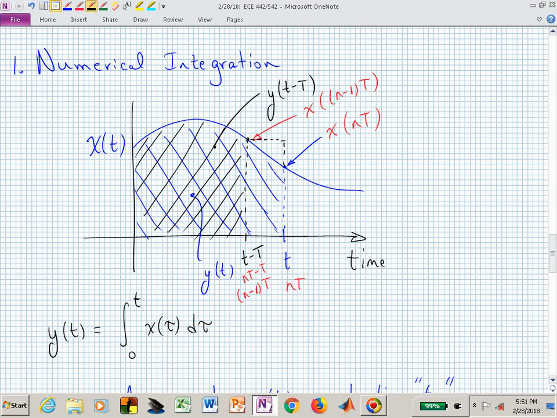This distance is one sample period in width. That rectangular area is then going to be the width, capital T, times the value of our x at time little n minus 1 times T.